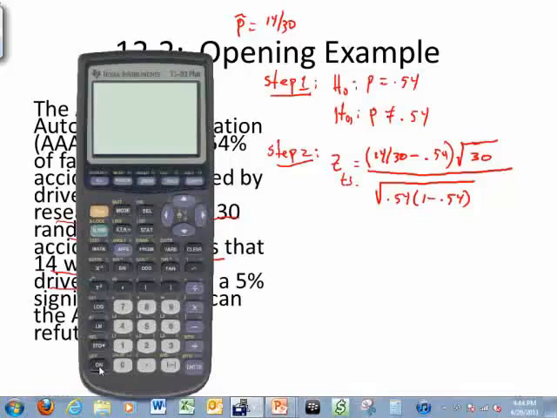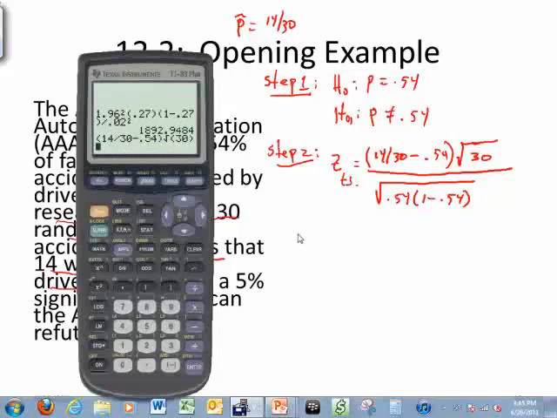When it comes to computing this, there are various degrees of how each of you work with the calculator. For those of you that are still feeling fresh, put the numerator in first, put the denominator in second. So I'm going to go open bracket 14 divided by 30 minus 0.54 close bracket times the square root of 30 close bracket.